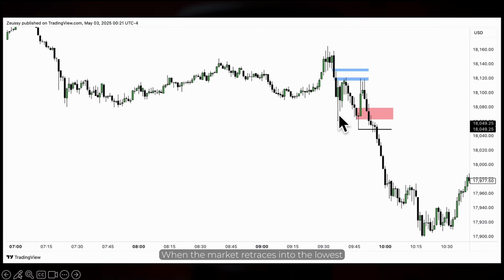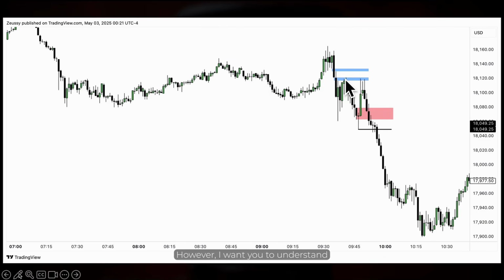When the market retraces into the lowest imbalance right here, that's a potential shorting opportunity. But keep in mind that simply looking at this chart, you might be thinking to yourself, but why is this a short then? There's of course a way bigger picture in mind here why I took this short exactly at this price level.